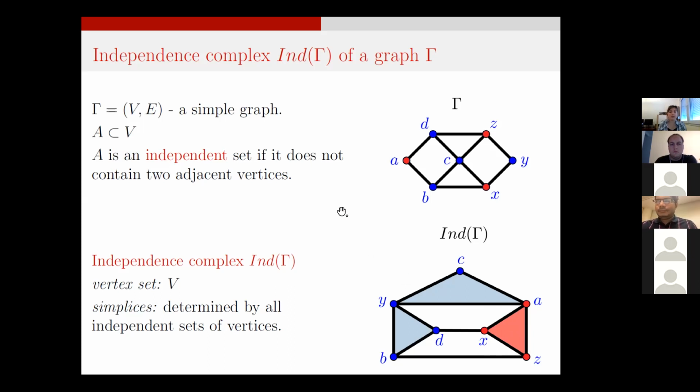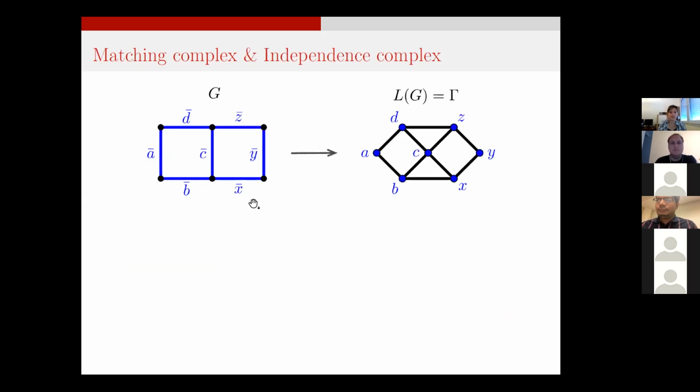Right. And why do we think about this? Because matching complexes are just one kind of independence complex. How do we know that? Well, we take a graph G and we look at its line graph. So what is a line graph? For each edge here, I have a vertex here, and then I connect two vertices if the corresponding edges are adjacent.